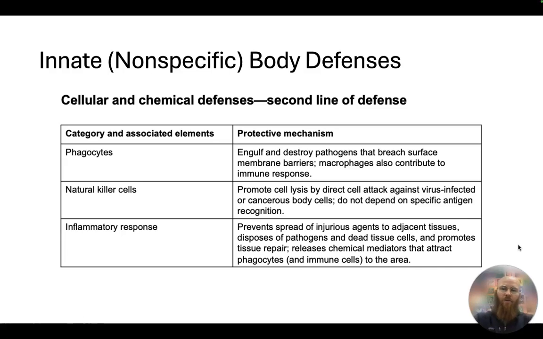This is the first slide. I believe there are two for your second line of defense. This is, again, where you're going into elements like your phagocytes, your natural killer cells, and your body's ability to have an inflammatory response. Go ahead and hit pause, and I want you guys to review what these protective mechanisms are and how they operate.